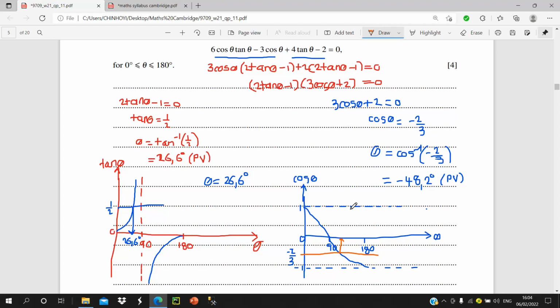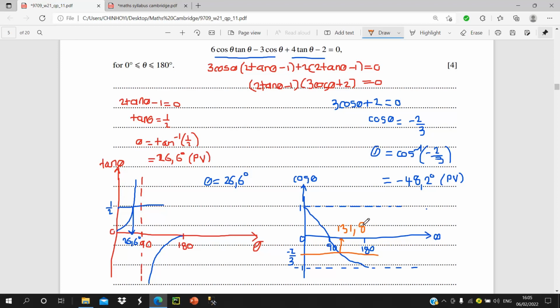So if it's our solution, we cannot say it's -48.2 degrees, but rather it's 180 - 48.2. We can't say this one is negative, it's rather 180 - 48.2, and we are going to get 131.8 as the second solution.